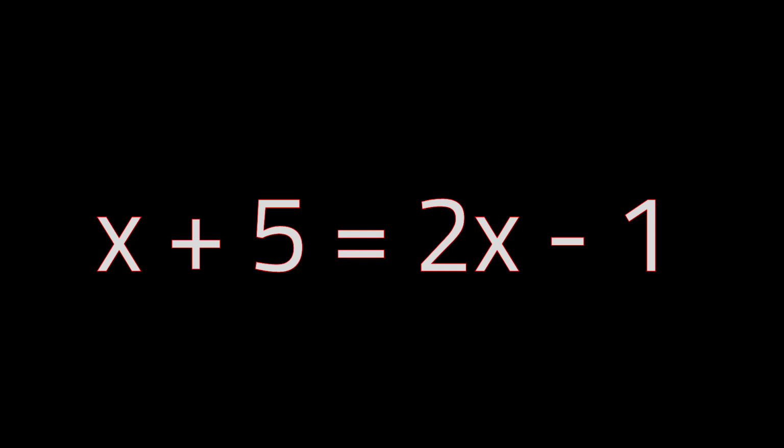But now, how do we actually work out these missing variables? How do we go from an equation like x plus 5 equals 2x minus 1 to getting the value of x? The key comes back to the two sides being exactly the same. They are equal.